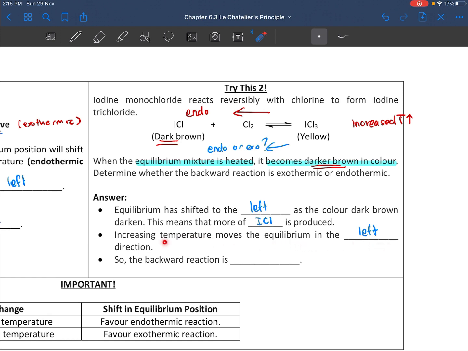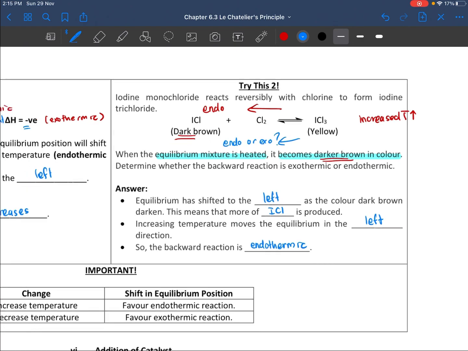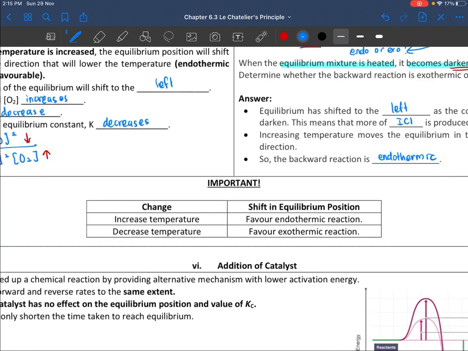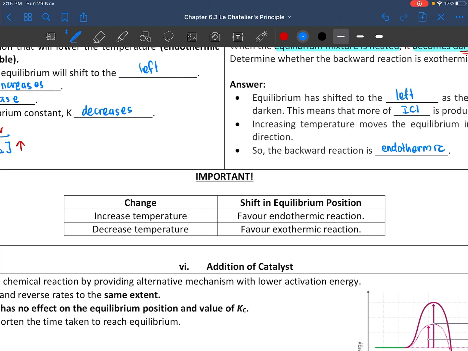Okay, so dalam kes ni lah yang temperature increase, so system tu move to the left. So maksudnya the backward reaction is endothermic. Okay, so next one kita tengok important. Biasalah important ni maksudnya ada point penting lah. Okay, point penting adalah kalau the temperature increase, so the system will favor endothermic reaction. Okay, kalau decrease, dia akan favor exothermic reaction.